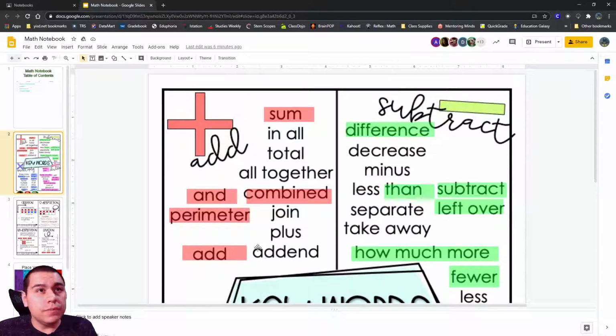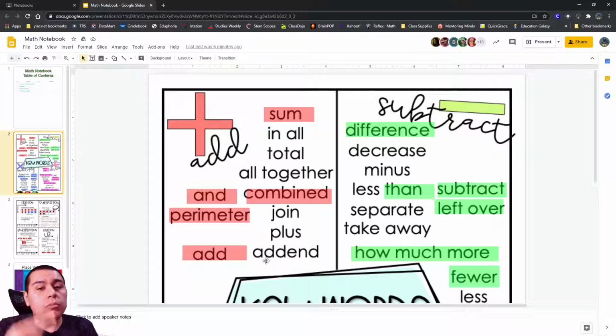So like addition, I could do a word problem like, let's say 2 plus 4 plus 5 plus 1 plus 2 plus 7. And all of those numbers keep changing. Multiplication is if it keeps getting bigger by the same amount, by an equal amount.